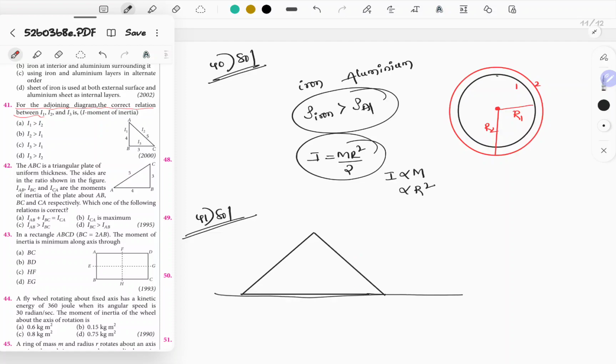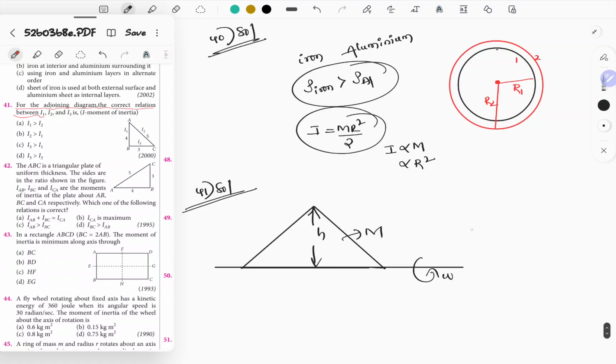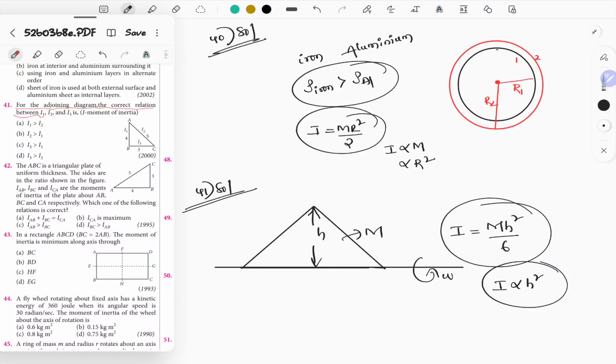If a triangular lamina is rotating about its base, let's say the height is h and the mass of this triangular lamina is m, then the moment of inertia is going to be m h square by 6. So this is the formula for the moment of inertia of a triangular lamina. Here I is directly proportional to h square, right? And h is the perpendicular distance of this triangular lamina from its base.